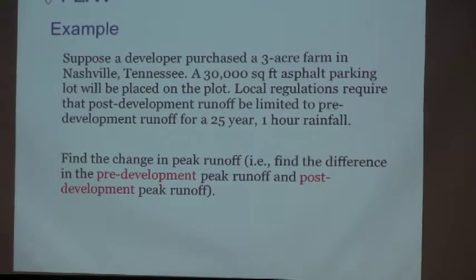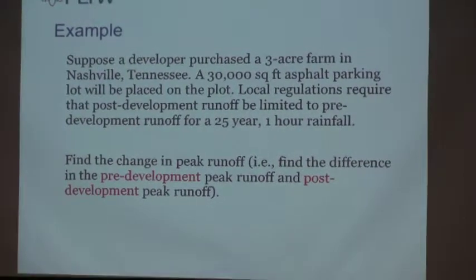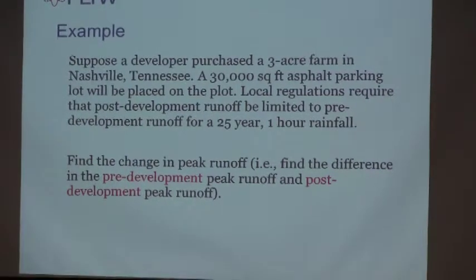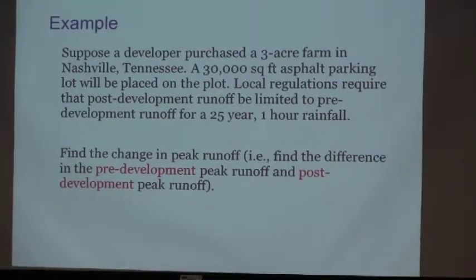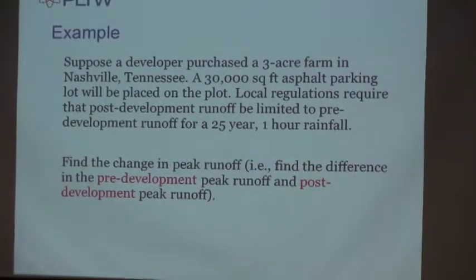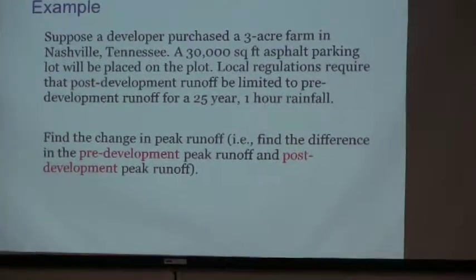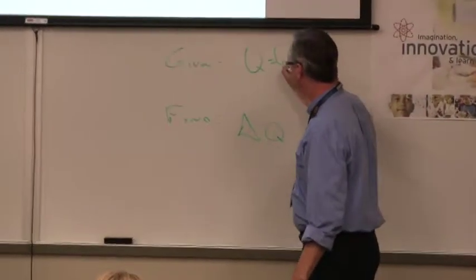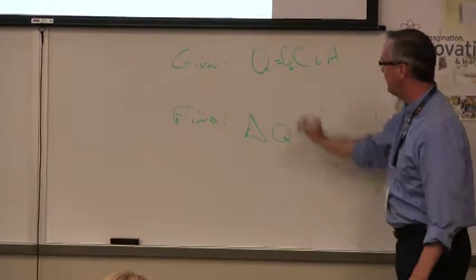This is where you guys can help me out. I just bought this farm, and I have 3 acres. I'm going to do this with you, but I want you guys to get the answer with your calculators. So I'm going to start with my standard equation here where I have to set up my givens and my finds. And I know the formula, and there's that CF one, the adjustment factor goes in the front.